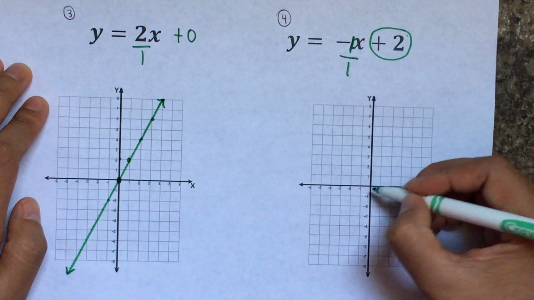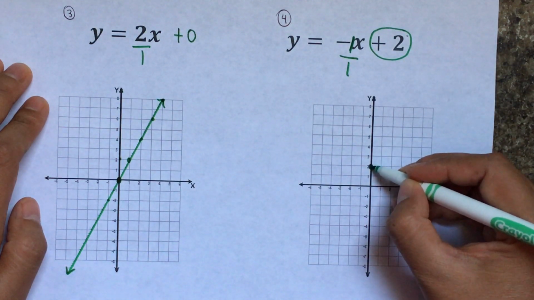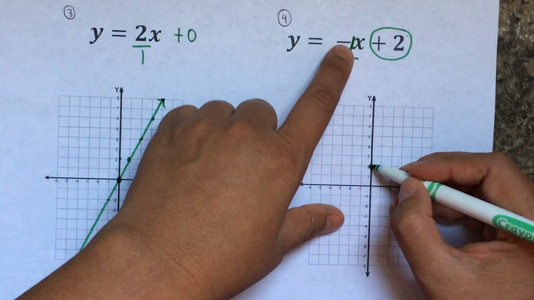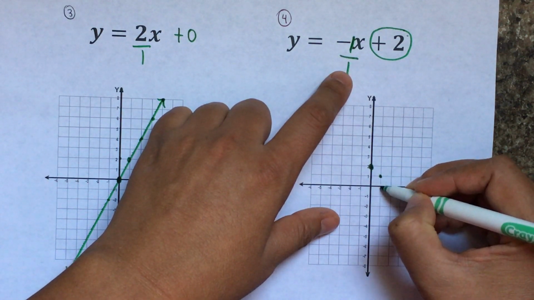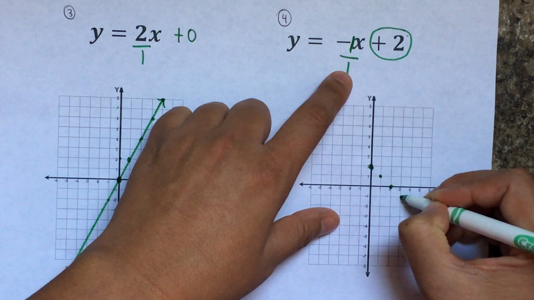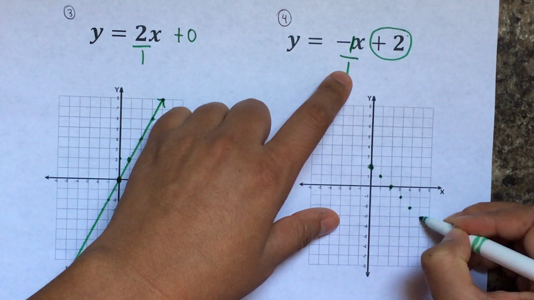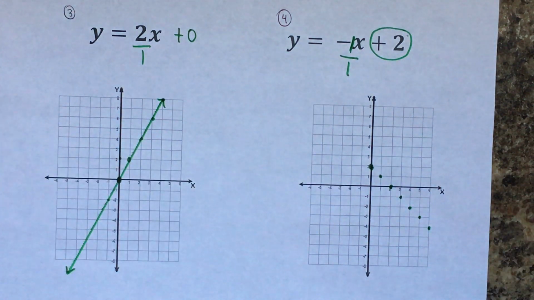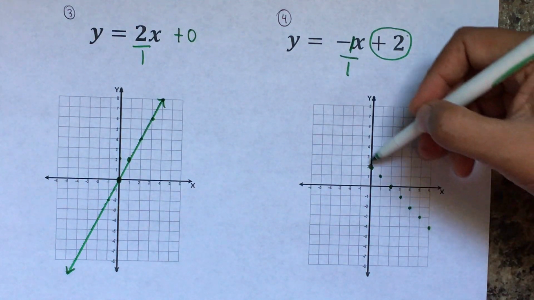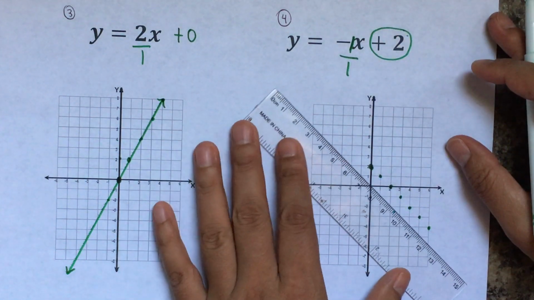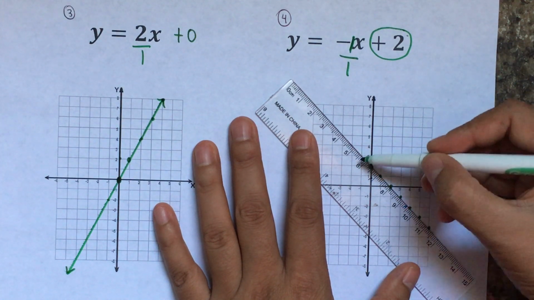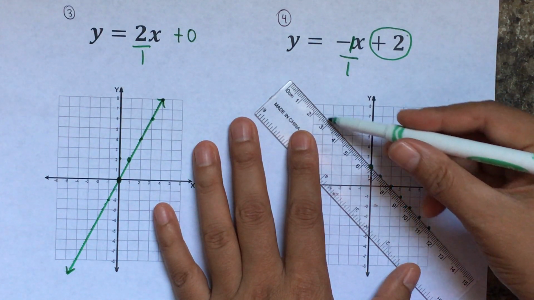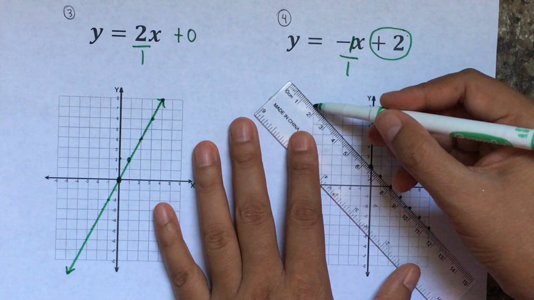So the first point is at 2, and then -1 on y, +1, -1, +1, -1, +1, -1, +1. Okay, and I can see that it's going diagonally by 1 little square, so I'm going to align to the dots first, but then looking to make sure that they align in there as well. There you go.